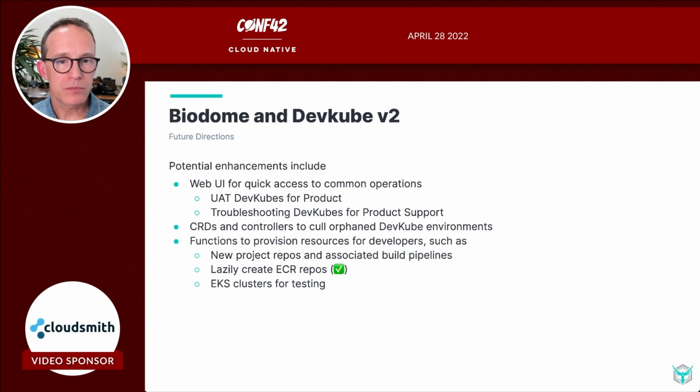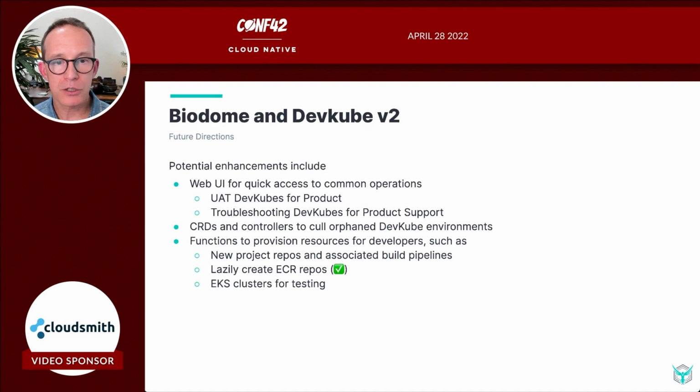And we've thought about directions that we can go in the future with Biodome and DevCube too. So potential enhancements that we've been talking about, or at least I've been talking about, are why not add a web UI and get quick access to some of the common operations that are available in our library in Airy. So we could create UAT dev cubes for product.